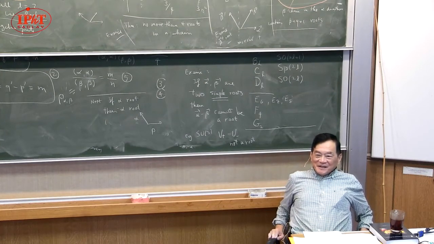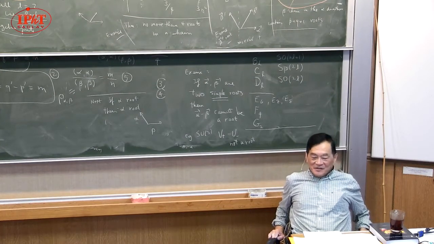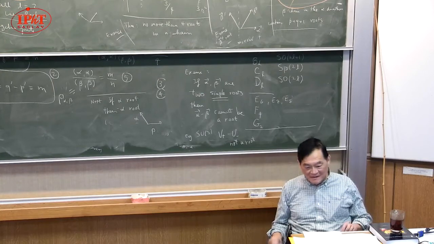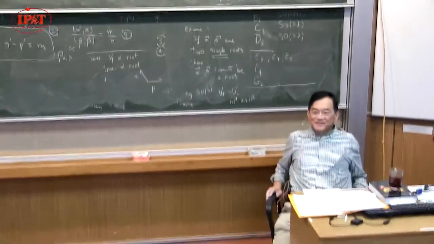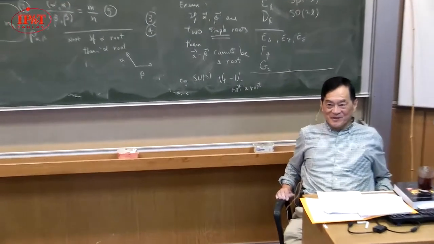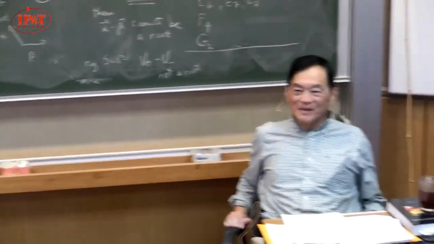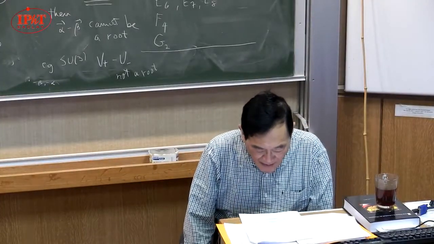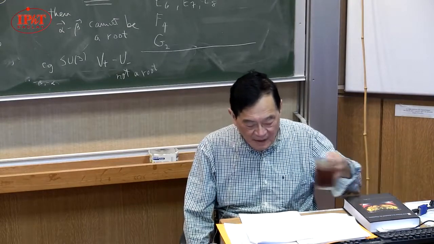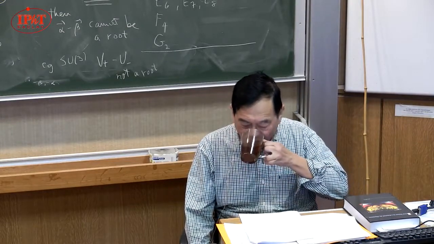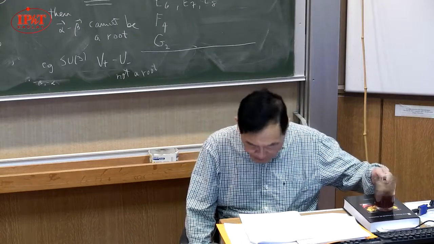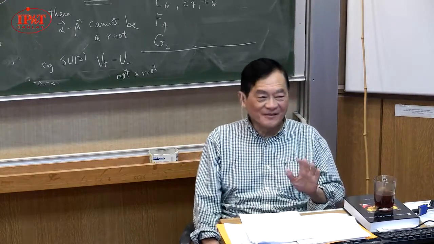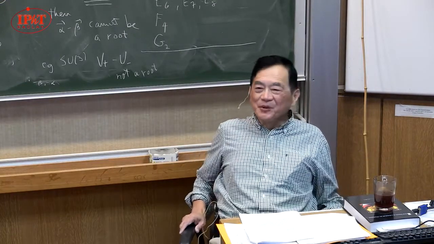And Mr. Dynkin did an amazing thing. He showed that all the root diagrams can be written on a piece of paper in 2 dimensions at most. In fact, almost 1 dimension if you count trees as 1 dimension. In hindsight, all these things seem quite simple.